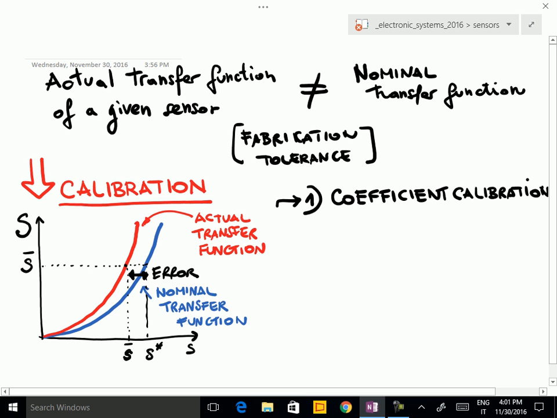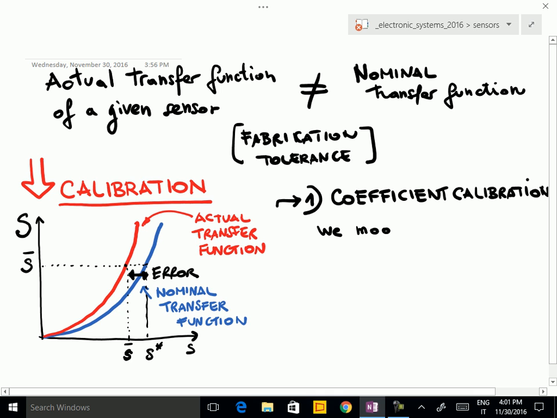With the coefficient calibration, what do we do? Individually, for each sensor, we modify some coefficients of the nominal transfer function in order to let it be closer to the actual transfer function.